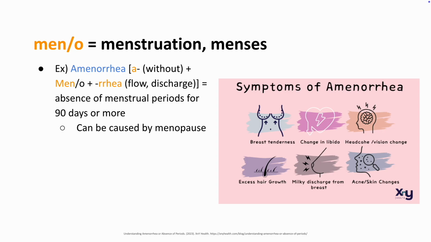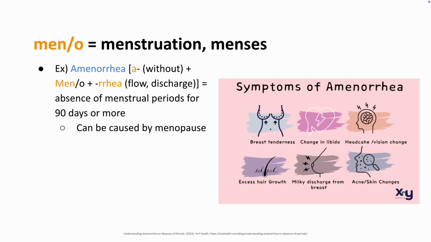And meno is a combining form that means menstruation or menses. So one example is amenorrhea. So a prefix that means something without, meno plus rhea, as in diarrhea, flow or discharge.